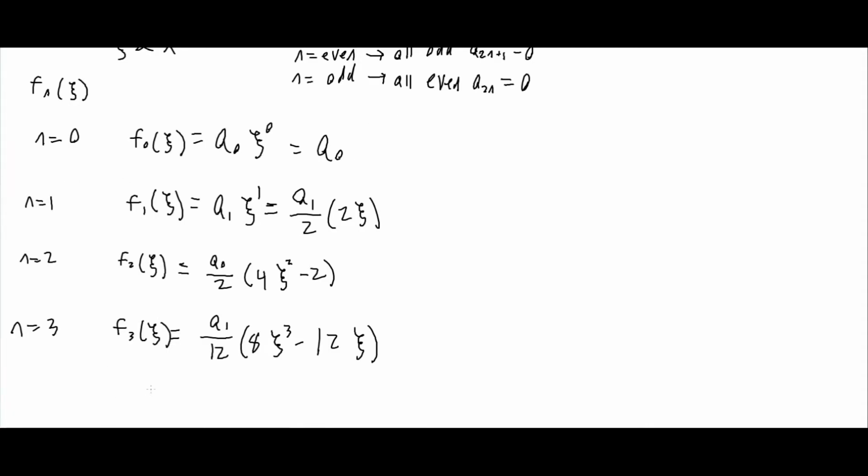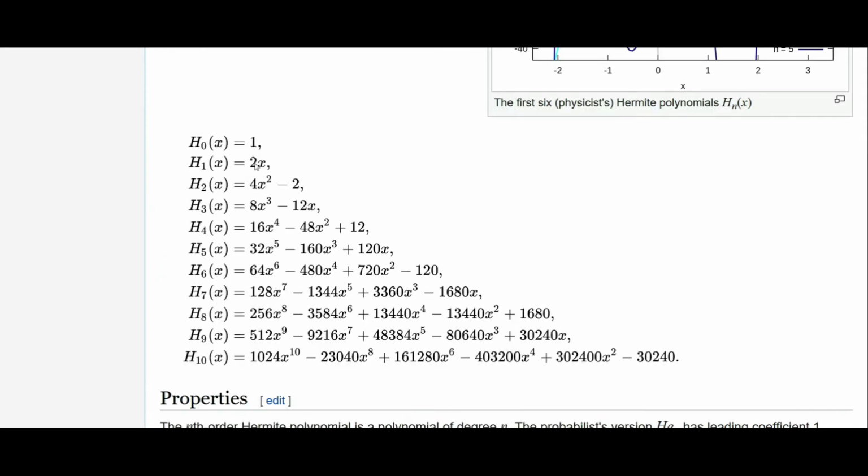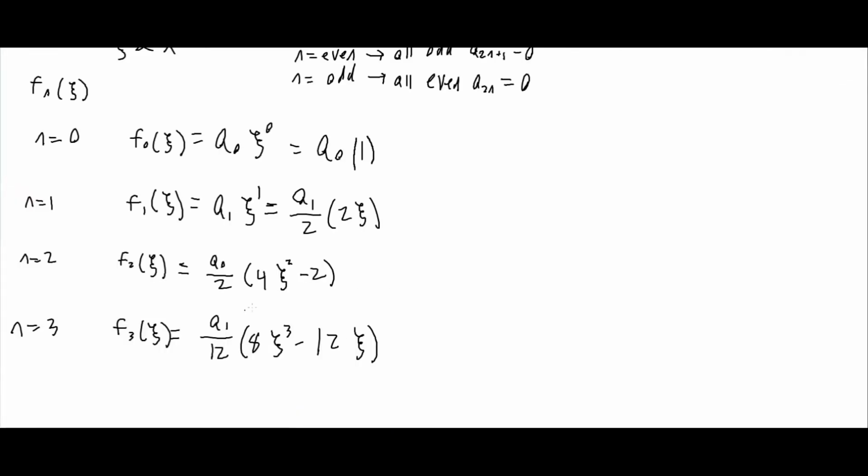So if we look at Wikipedia, so our first one here is our a sub naught, and we could sort of put a 1 in here. So this 1 here would be our actual Hermite polynomial, and we have 2 xi here, and so we can look at this, and we have 1 and then 2x as our first two Hermite polynomials.